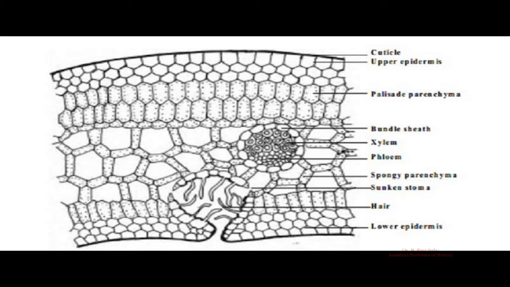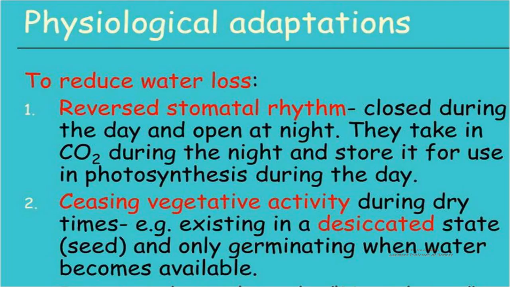Now I think it's enough, and let's move on to the physiological adaptations, dear friends. Physiological adaptations. Most of the physiological processes are designed to reduce transpiration. Of course, friends, that is what we have been observing from the start of the episode.